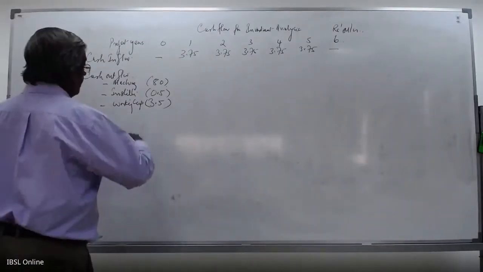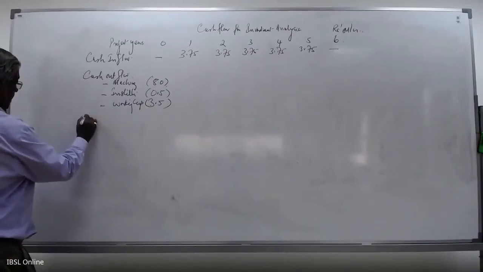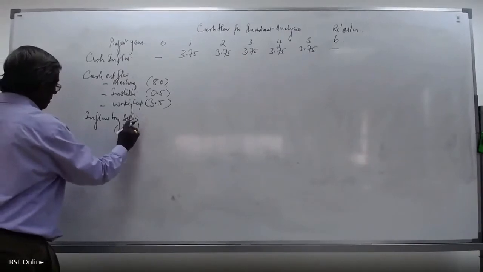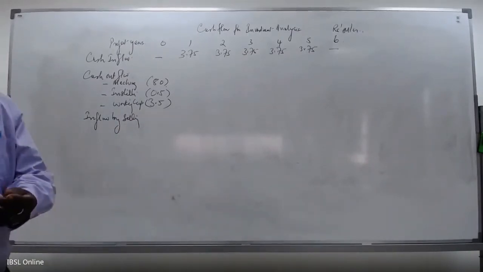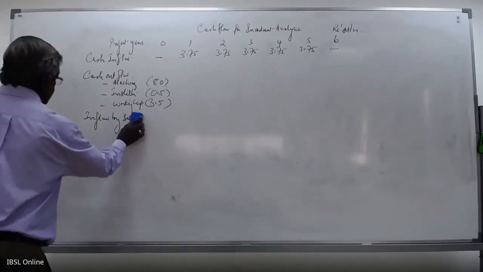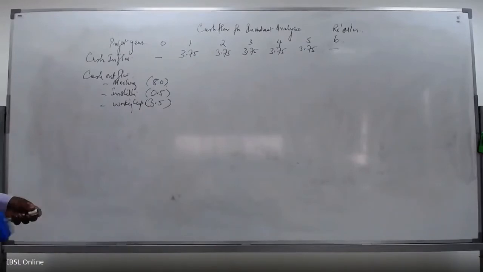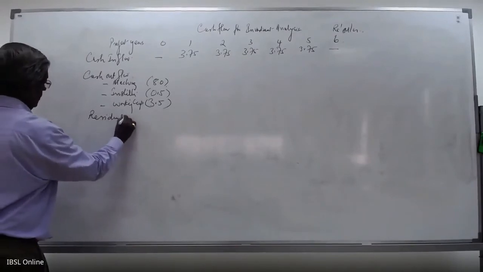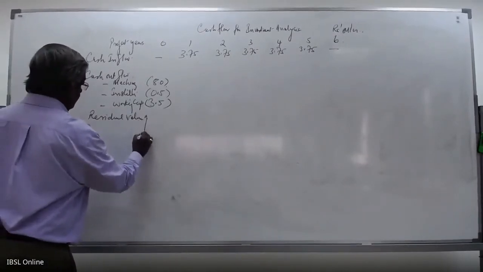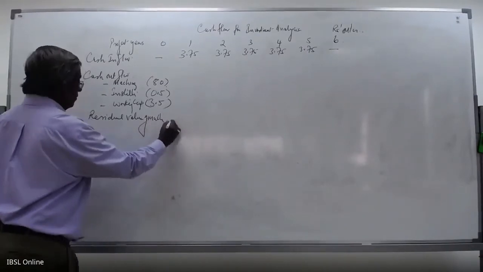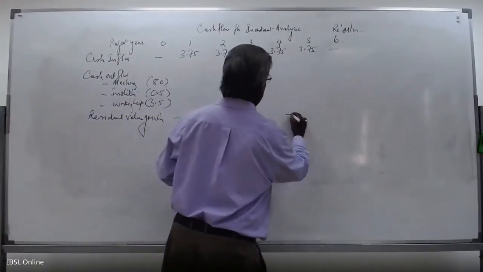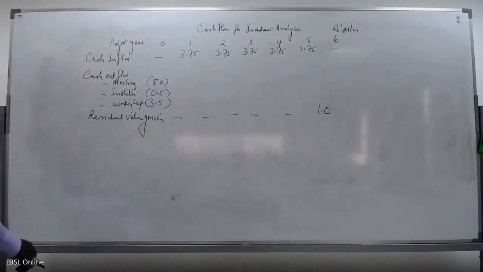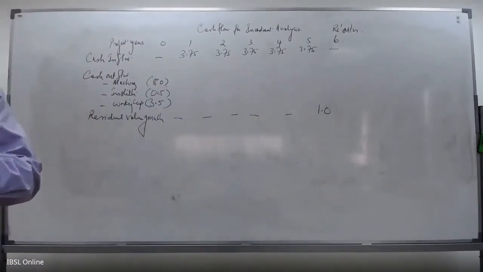So that is the inflow by selling, inflow: residual value of the machinery, $1.0 million.